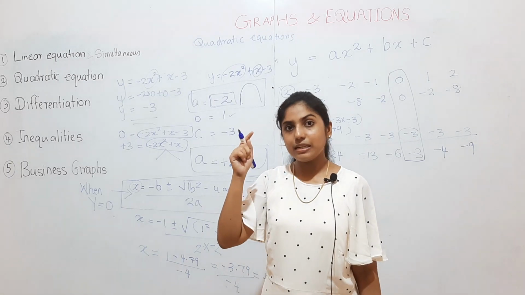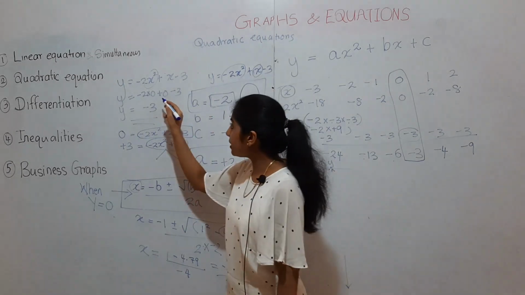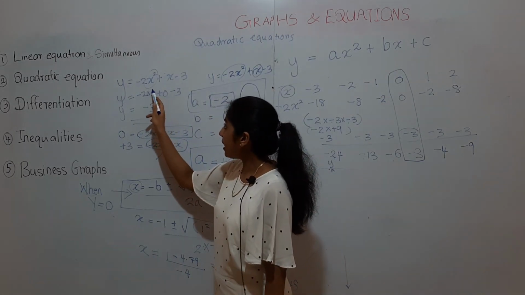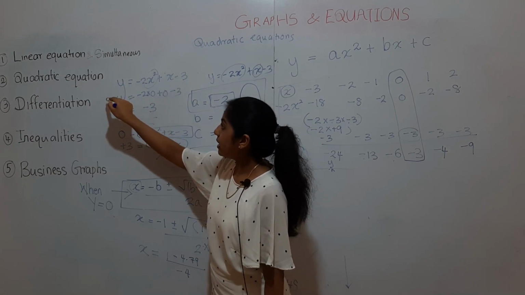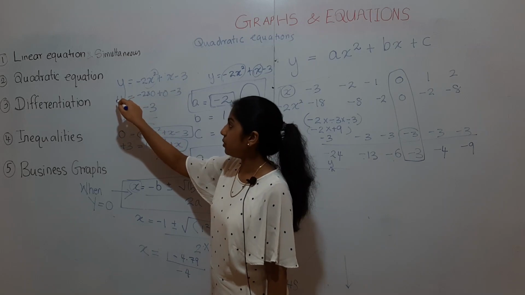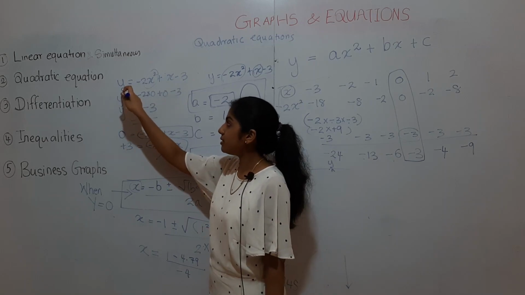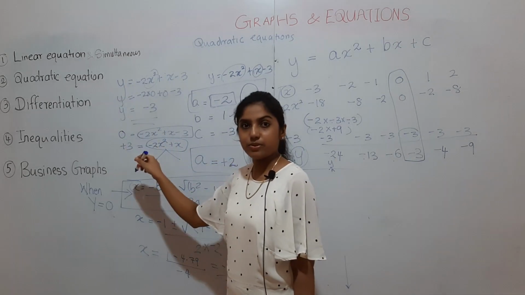If y is equal to the profit, and profit should be 0, that means this y also must be 0.